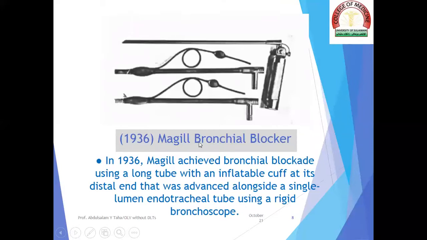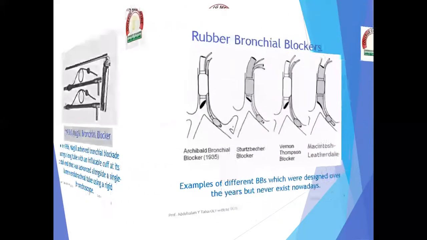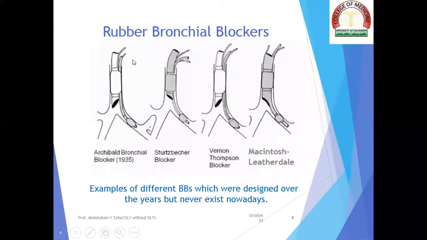So that is the McGee bronchial blocker, which never exists nowadays. We have a number of rubber bronchial blockers which have been designed over the years but never exist nowadays. They are demonstrated in the slide.